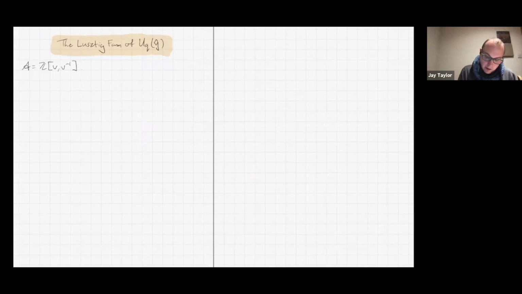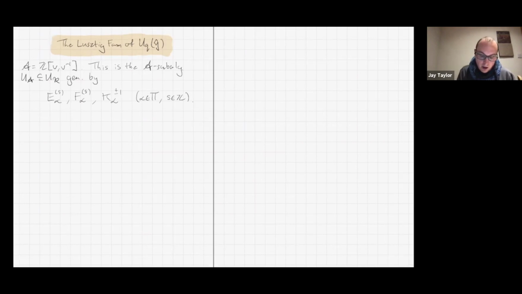So this is the A-subalgebra of U_q generated by these elements, with alpha and pi and S and Z. So these are exactly what we've seen before, right?